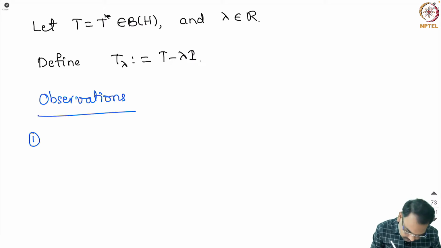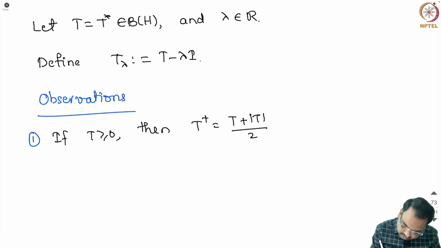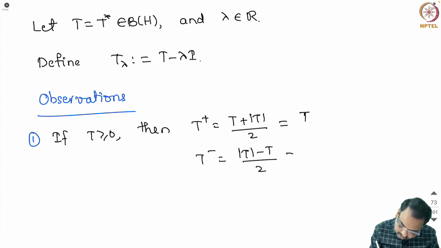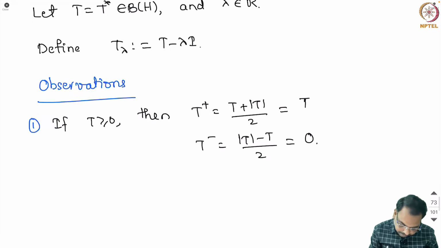When T is positive, T plus is (T plus mod T) by 2. Mod T is nothing but T, so this is exactly T, and T minus is (mod T minus T) by 2, which is 0.